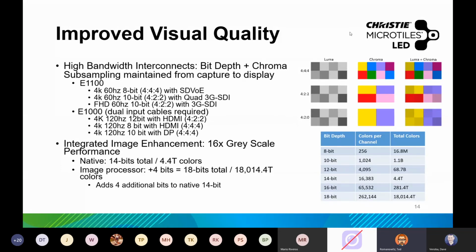In addition, the image processing adds an additional 8 bits, so that means a total of 18. So that's a remarkable 18,000 trillion colors. It's a lot. It can really be seen with the naked eye. It's a wonderful experience, and I really look forward to getting back out on the road soon and having the MicroTiles LED out there to show you so you can see it and believe it for your own eyes. Next slide.